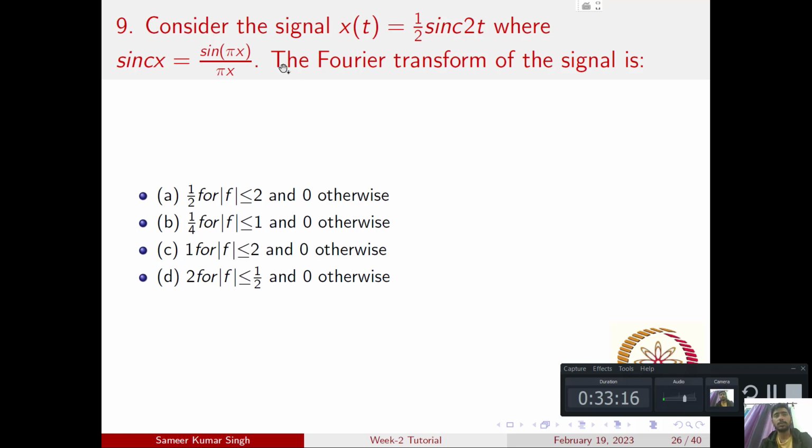Again, I am repeating this question: consider a signal x(t) equal to 1 upon 2 sinc 2t, where the sinc function is sin(pi x) upon pi x. We have to calculate the Fourier transform of this signal.